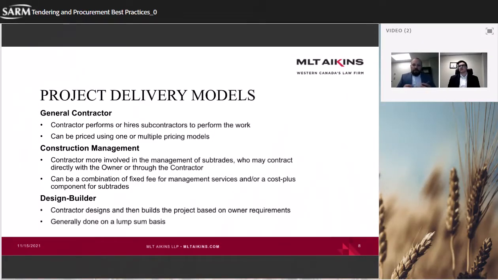And so really what we're talking about is the construction manager typically doesn't provide carpenters and laborers. They're not swinging hammers in the traditional sense.